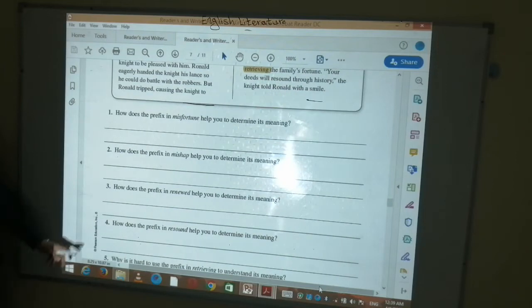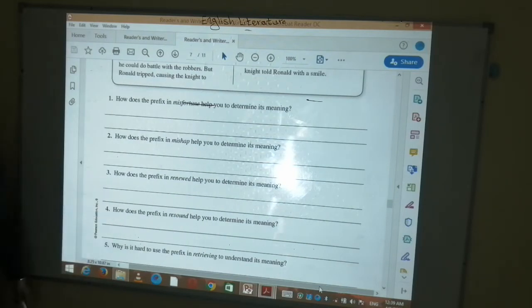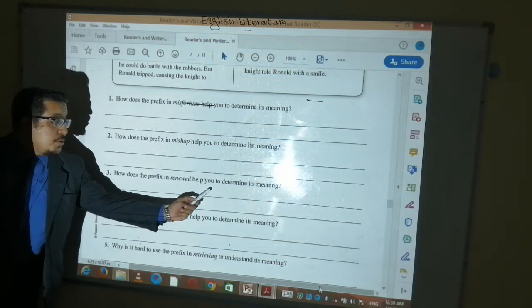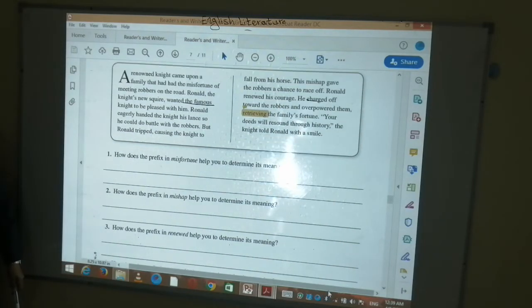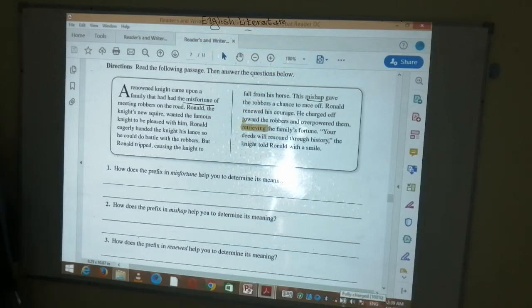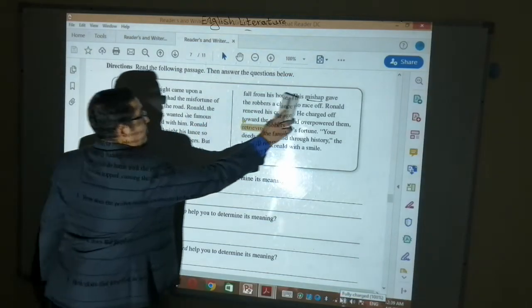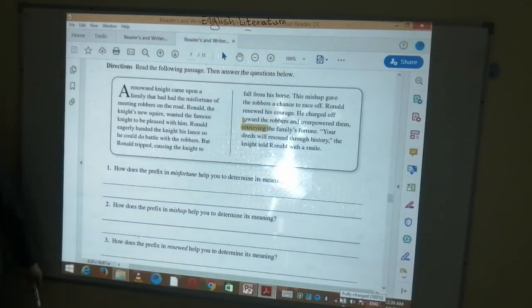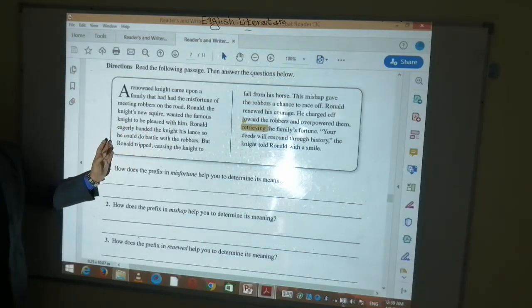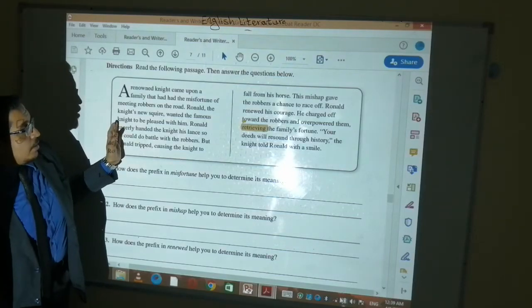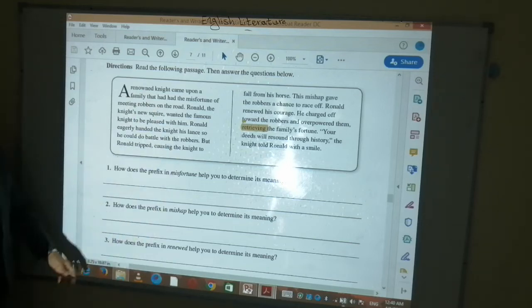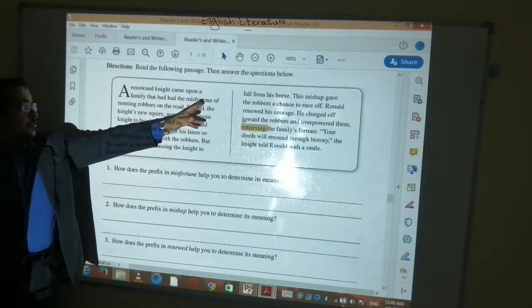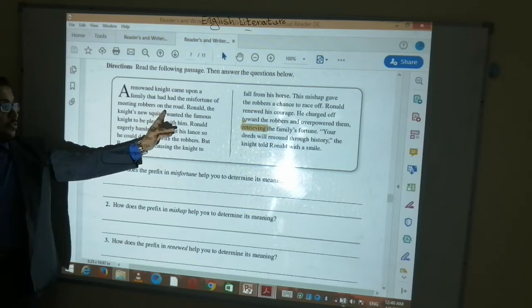Question number 3. How does the prefix in renewed help you to determine its meaning? The word renewed. Let's see together in the text. A renowned knight came upon a family that had the misfortune of meeting robbers on the road.